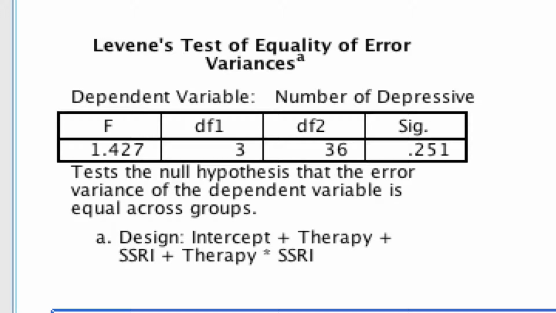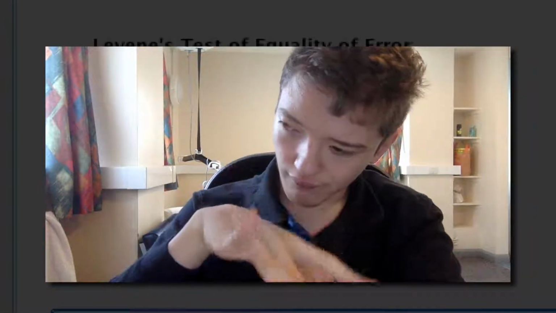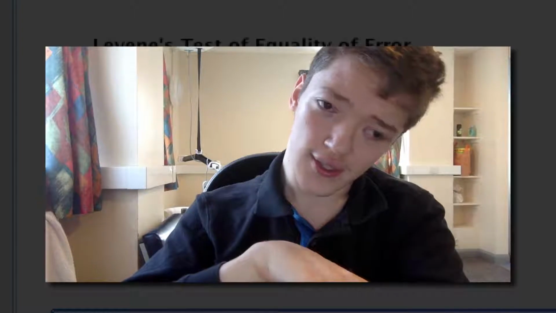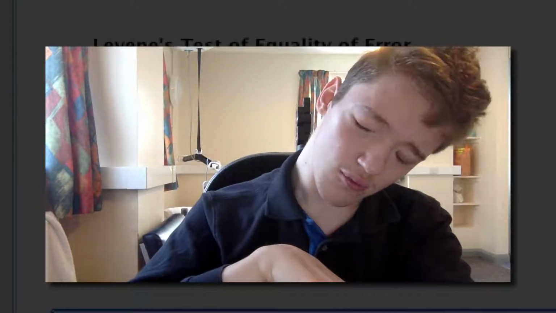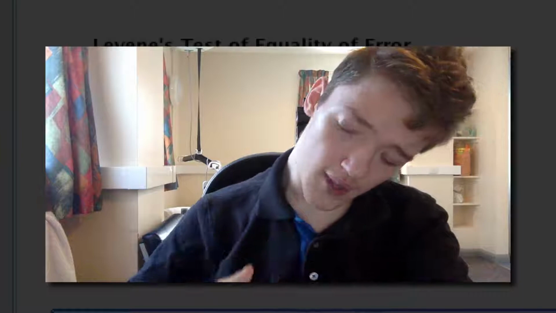So that's a bit more on simple effects analysis. I know it was a bit disparate, but I hope you understand more of the logic. And what I really want you to get from this video is that pitfall that when you do this, you're not just splitting apart the interaction, you're taking account of the sums of squares for one of the main effects, which really, if we're just trying to split the interaction, we don't really want.